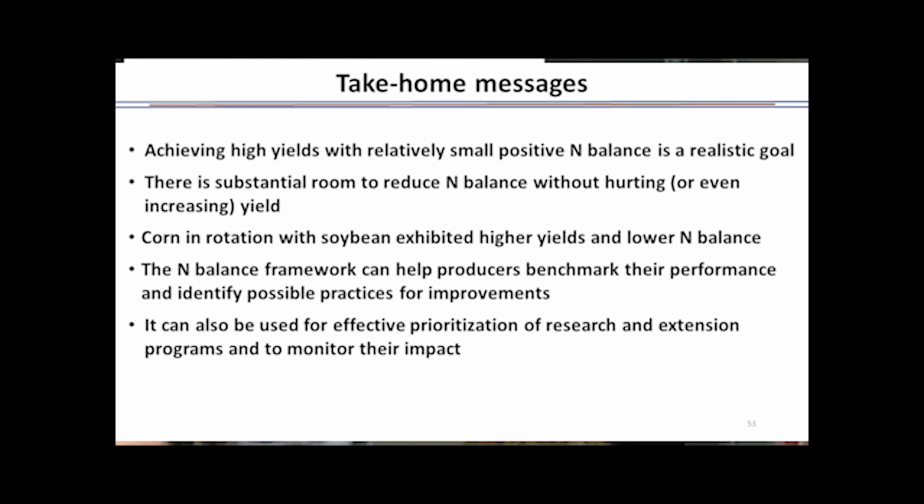presentation? So the conceptual framework for nitrogen balance showed us that achieving high yield and exhibiting small positive nitrogen balance is a realistic goal, as shown by those fields that fell within the category A of the nitrogen balance framework. And it also showed us that there is still ample room for improvement.